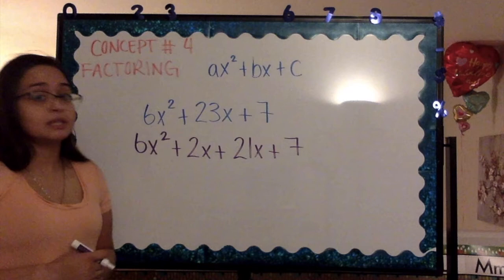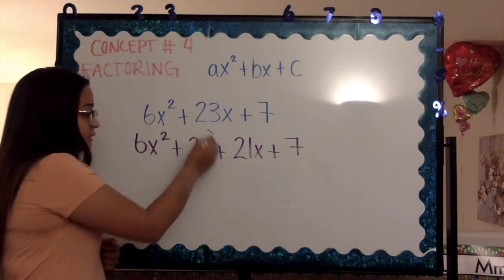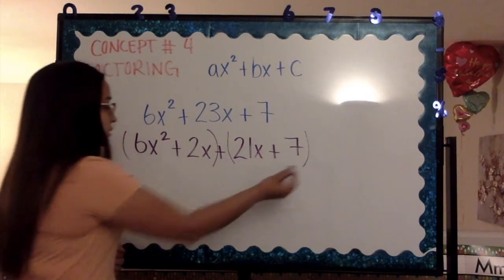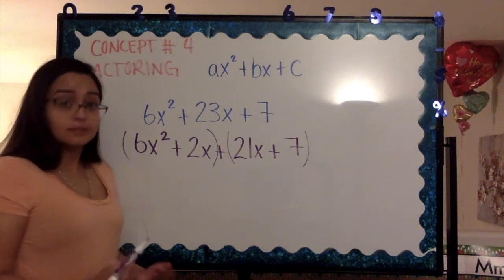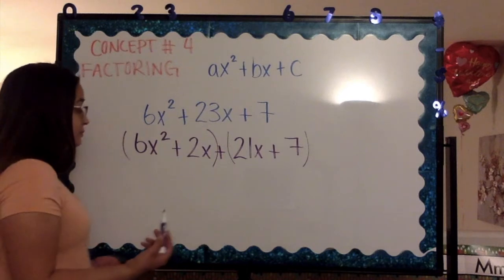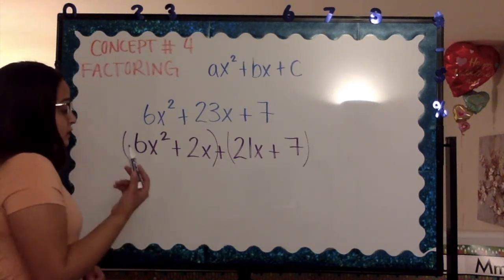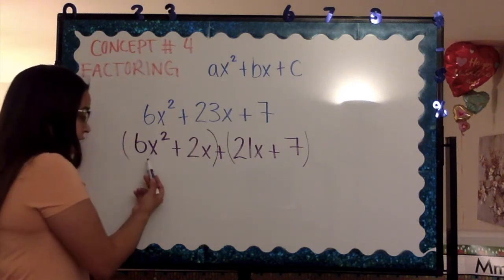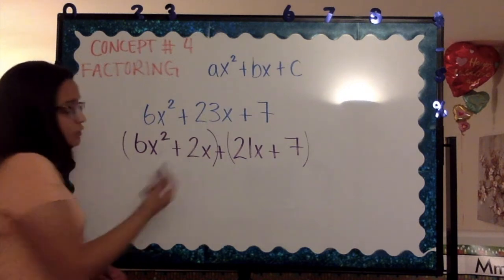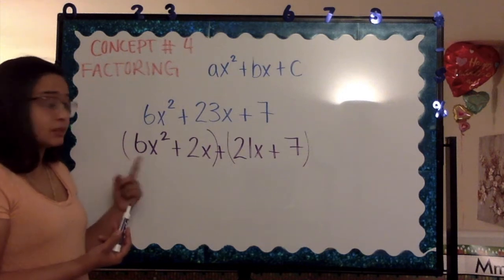Now that we have broken down the trinomial, we're going to group these numbers and these numbers. And we're going to factor out the greatest common factor. I know that the greatest common factor here is 2, because 2 goes into 2 once, and 2 goes into 6 3 times.